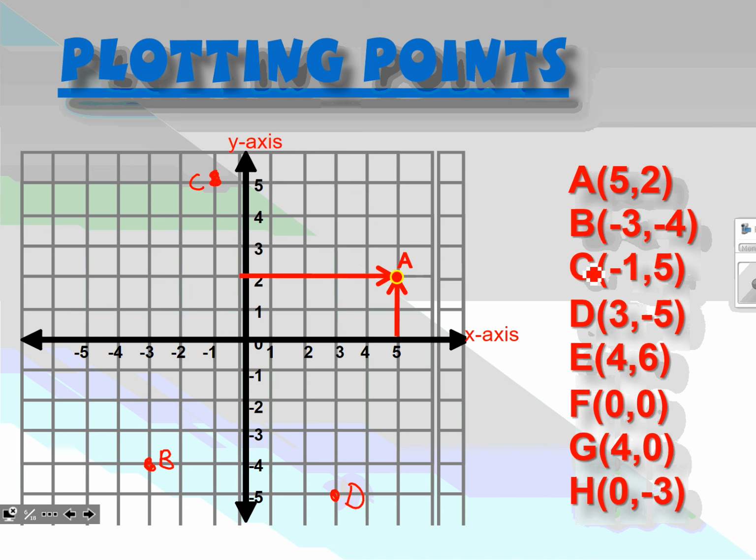E is (4, 6). F is (0, 0). Now where's (0, 0)? Right there. That's F. G is (4, 0). And H is (0, -3).